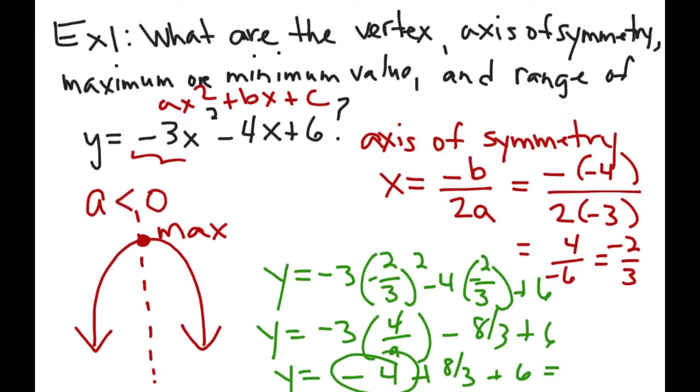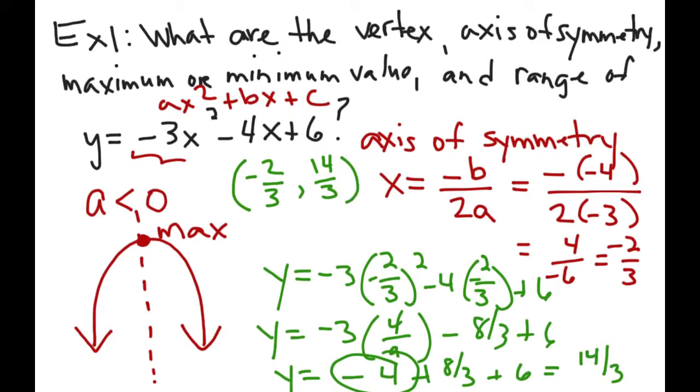So when I plug that into my calculator, negative 4 plus 8/3 plus 6 is going to be 14/3. 14 over 3 is 4.6 repeating. I like to leave things as fractions because they're more exact. So the vertex is at negative 2/3, comma, 14/3.